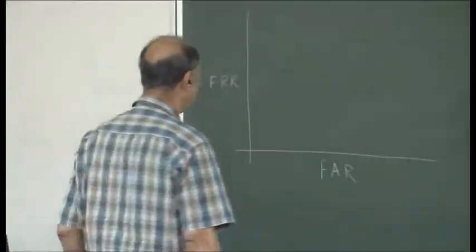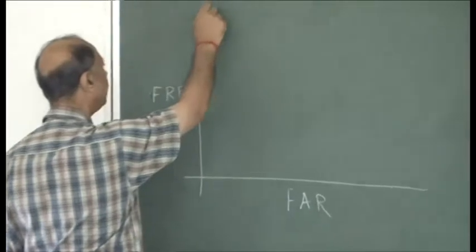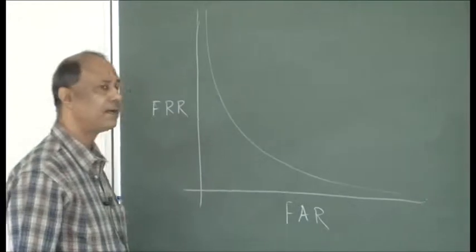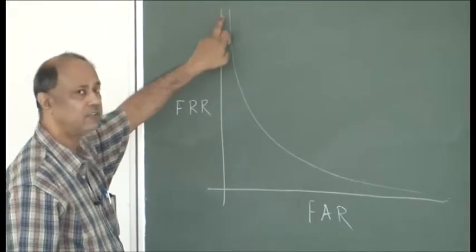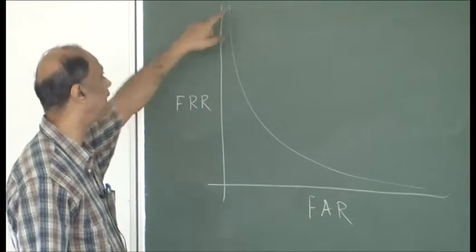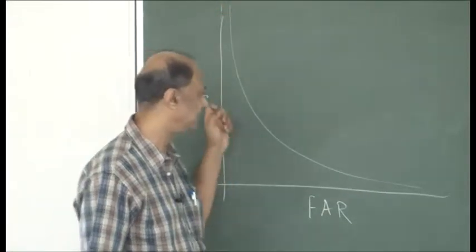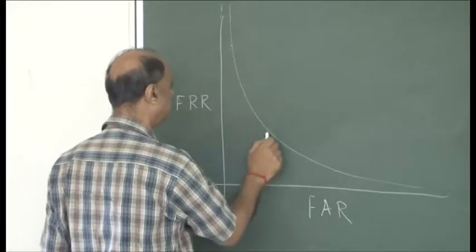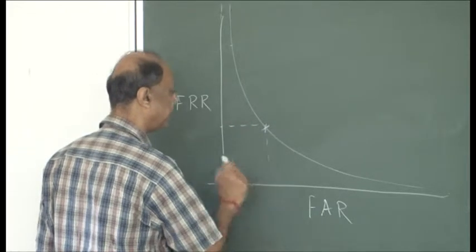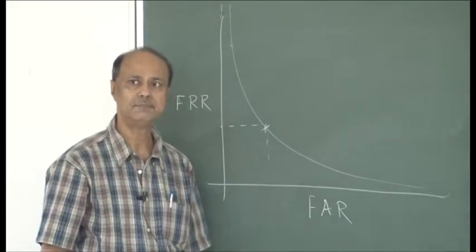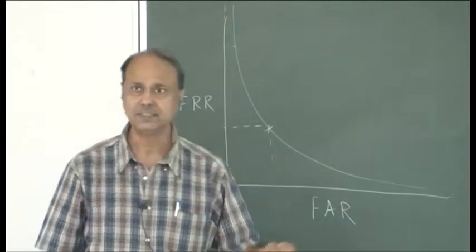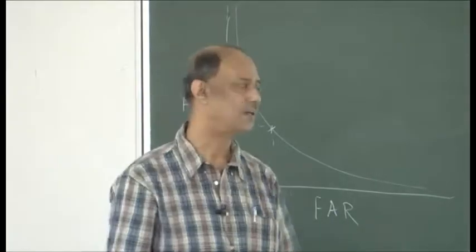So, I can have a similar type of graph: when the threshold is minus infinity, you get this FAR and this FRR, and at some particular threshold value, FAR is this and FRR is this. You can get all the terms. So, this is the FAR versus FRR graph. This is known as the ROC curve.